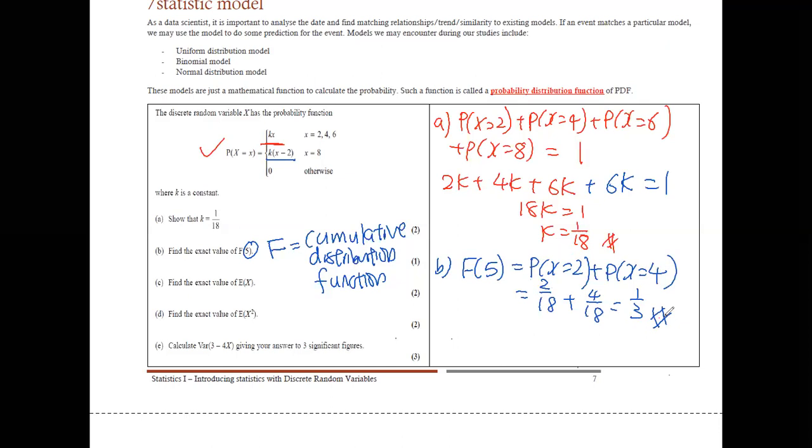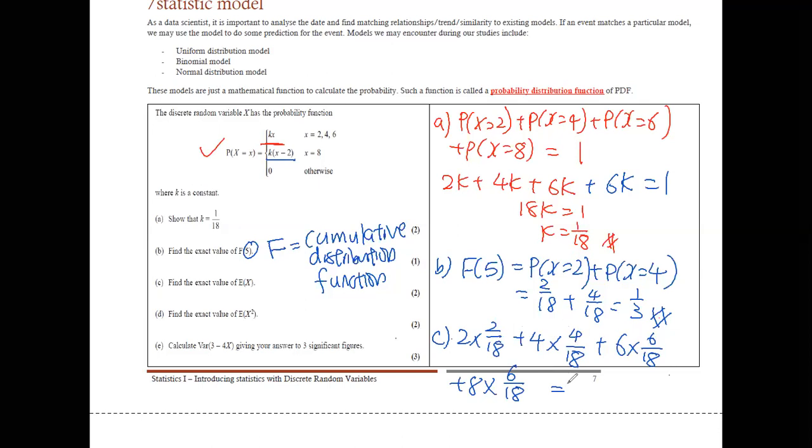Okay, can, easy. Next, for C, find the exact value of the expectation. So same thing, expectation will use the random variable itself multiplied by the probability. So this will be 2 times 2 over 18, plus 4 times 4 over 18, plus 6 times 6 over 18, plus 8 times 6 over 18.